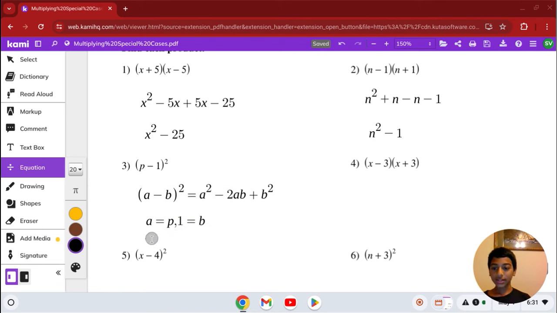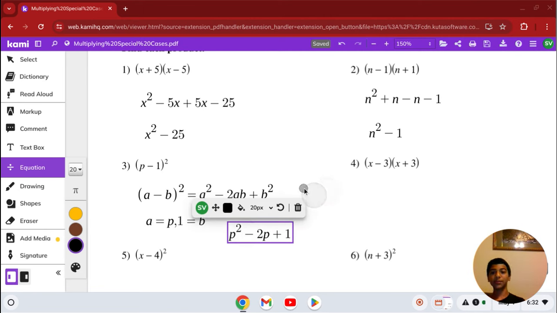So plugging that into this formula, a equals p, so we'll get p squared minus 2 times a times b, which is minus 2p, and b squared is 1. So our final answer using the formula is p squared minus 2p plus 1.